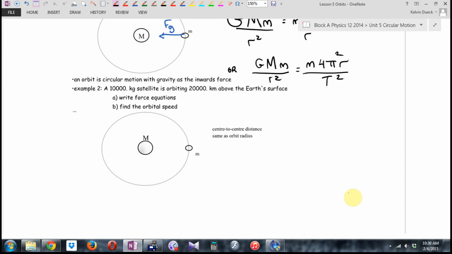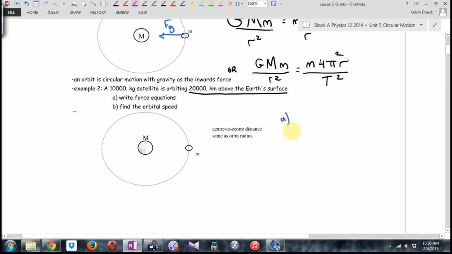Example 2, a 10,000 kilogram satellite is orbiting 20,000 kilometers above the Earth's surface. Can all of you underline above the Earth's surface, please, and the 20,000 kilometers? First thing it says for part A is write force equations.